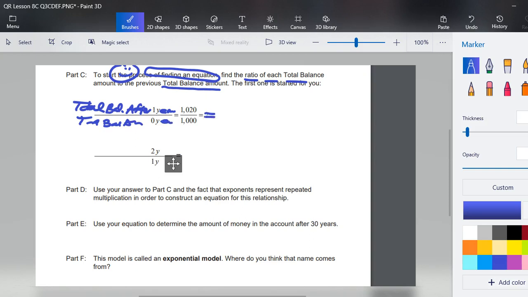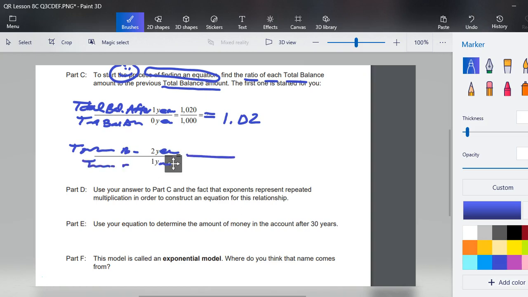So sticking this into the calculator, I have $1,020 divided by $1,000, and I get a number of 1.02. We are looking for a pattern, so we're going to keep looking at the next piece where it says total balance after 2 years and total balance after 1 year.